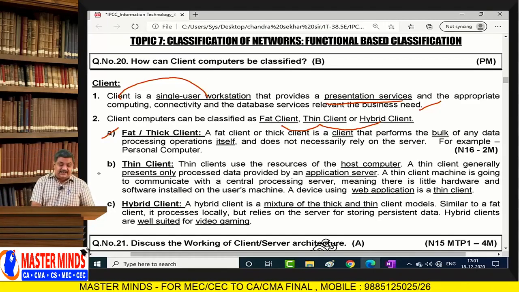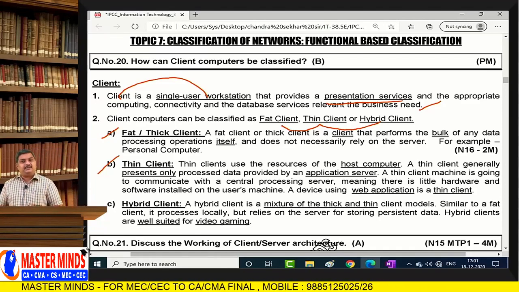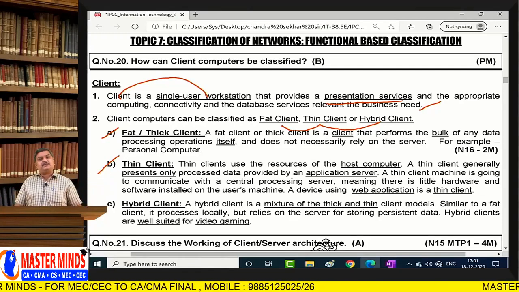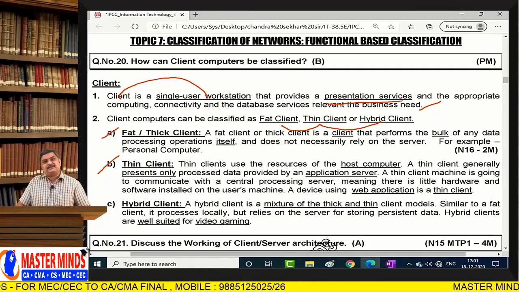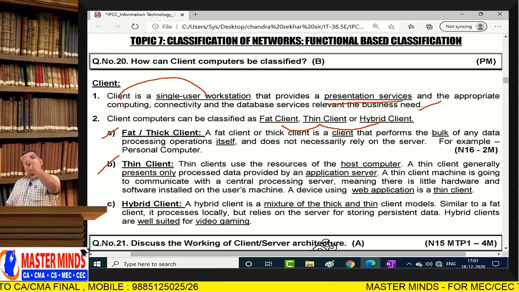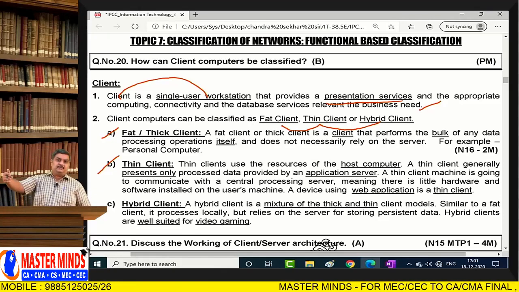Now coming to thin client, what is it? Thin clients are less expensive. In large corporations and in very big colleges, generally they use thin clients. Thin clients are computers which only function when they are connected to the network. A server should be there, and everything should come from the server.